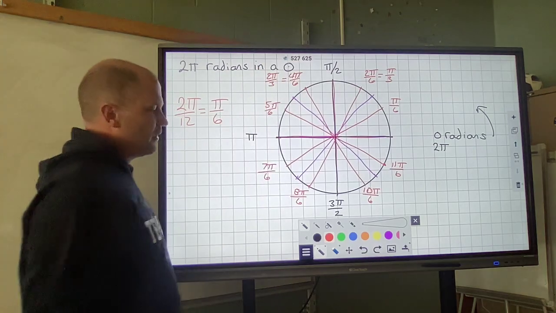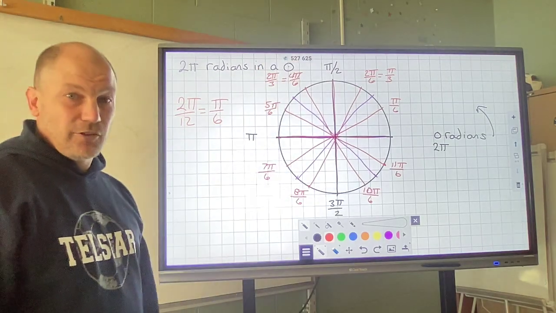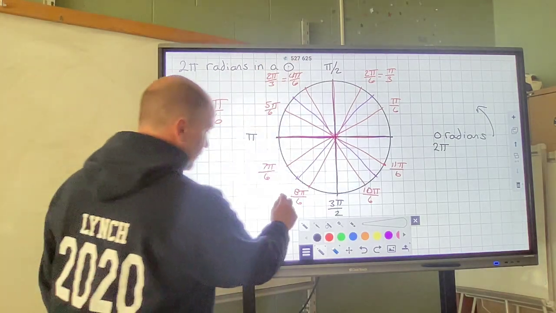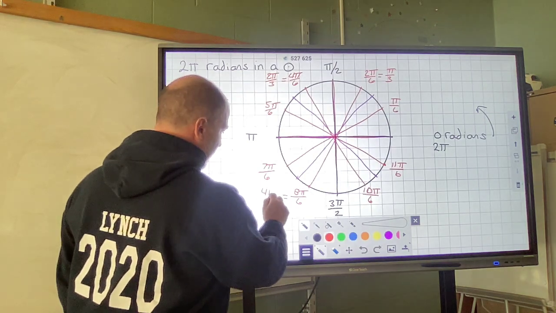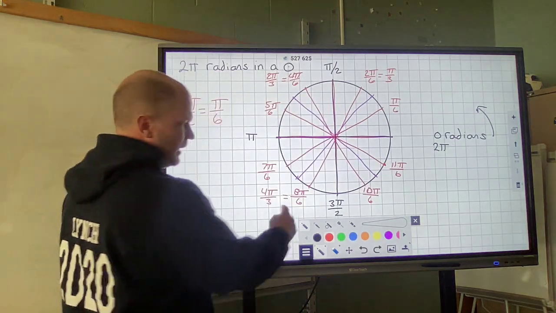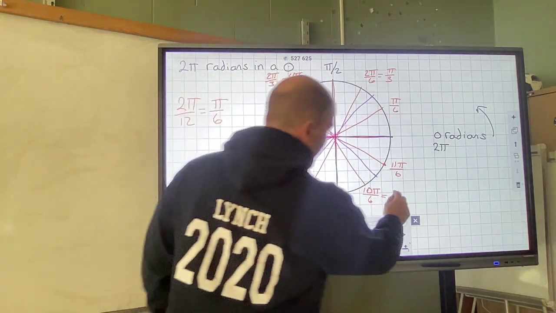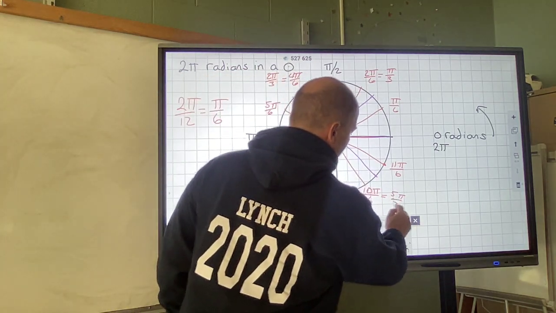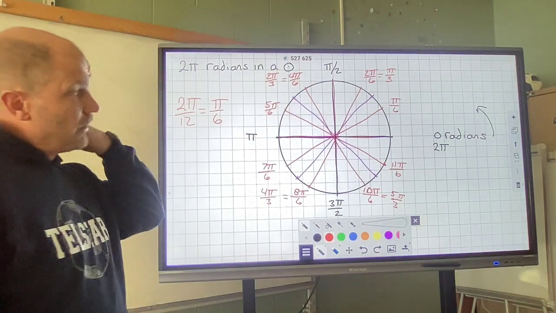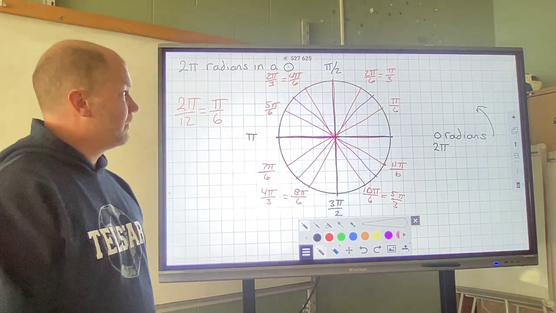They're both divisible by 2 again. 8 pi over 6, both are divisible by 2, so we can write that as 4 pi over 3. And 10 pi over 6, both are divisible by 2, and that's 5 pi over 3. So now we're set. Everything's labeled the way we need to.